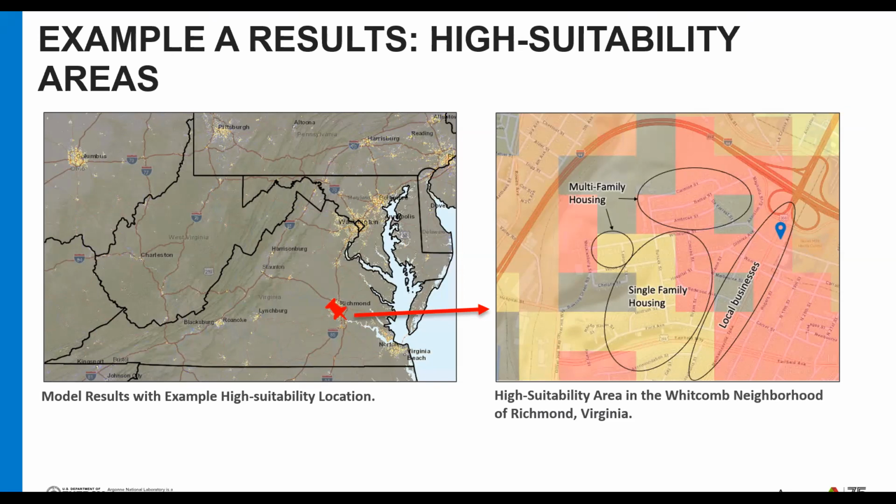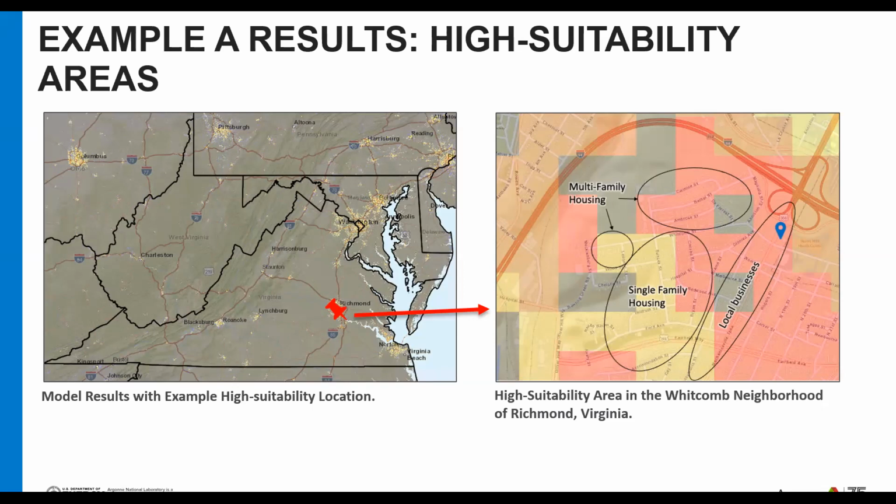It's a little hard to see, so we zoomed in to one location in Richmond, Virginia, as shown on the map to the right. This is a high suitability area in the Whitcomb neighborhood of Richmond, Virginia. As shown by the different colors of shades, red is the area with the highest suitability, followed by orange and yellow.